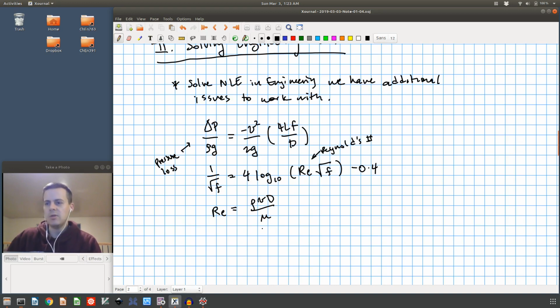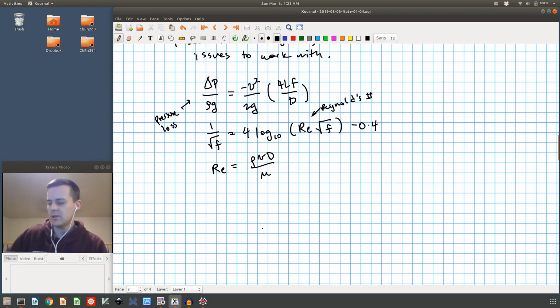Maybe the important thing for our class, since we're going to solve math problems, is that I need to tell you what is going to be known and unknown for this given problem. The knowns would be the density rho, the gravitational constant g, the viscosity of the fluid mu, the velocity of the fluid V, the length of the pipe, and the pressure drop.